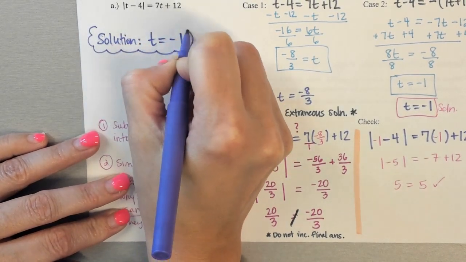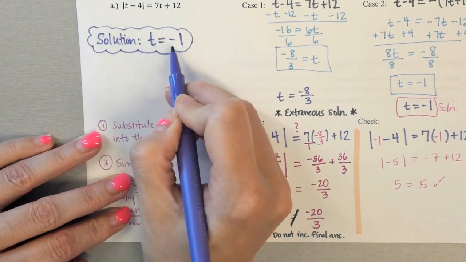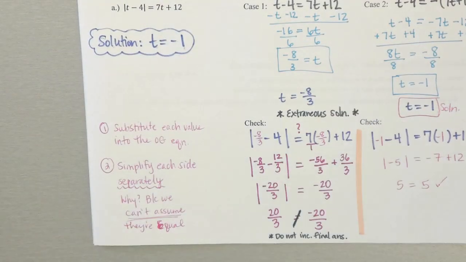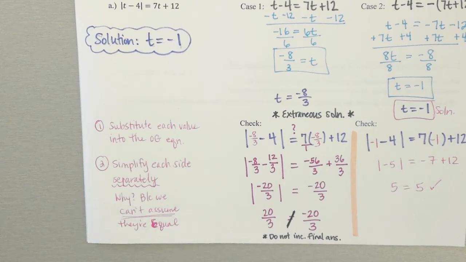Okay, so if you were writing this on your test, the only thing you'd write on the line is t is equal to negative 1. You would have your work nicely done here, so we can see that this checks and this one does not. Okay, any questions for me so far?